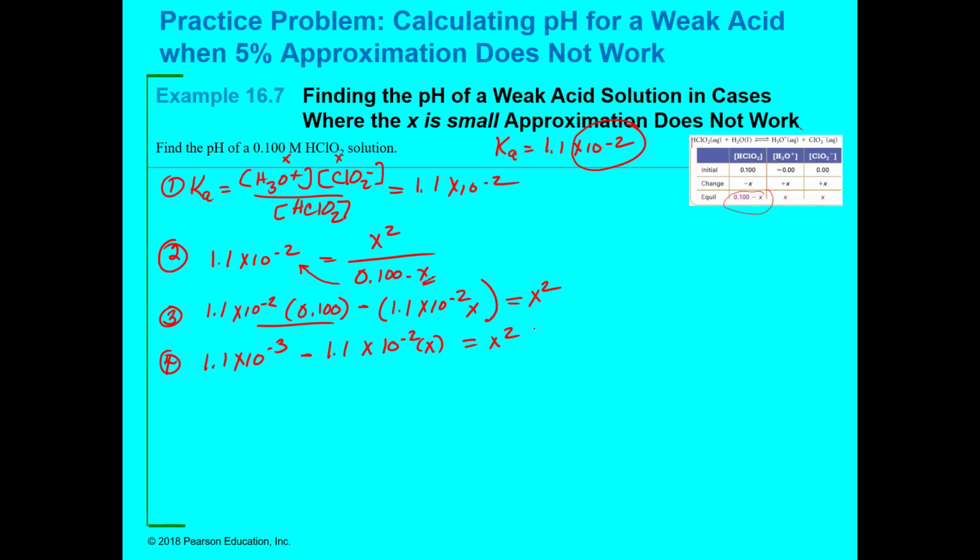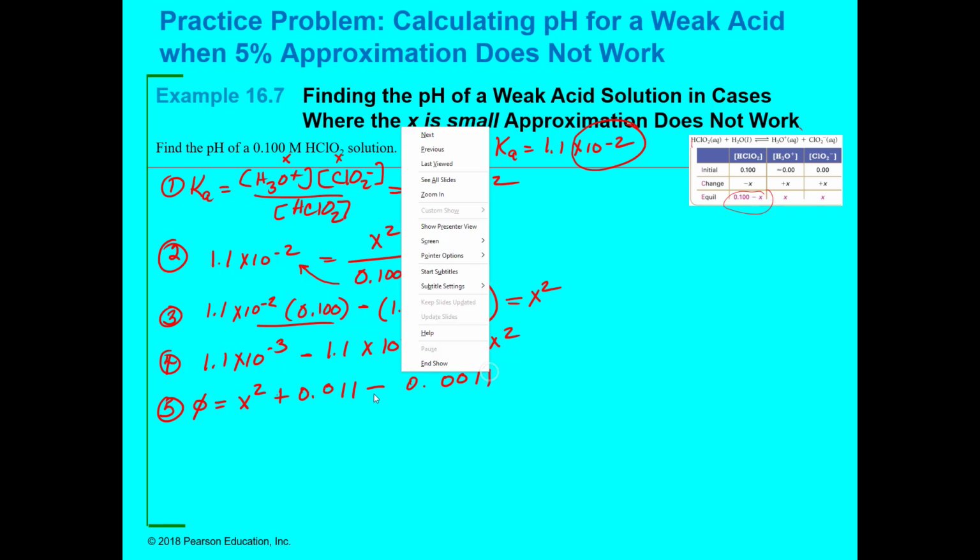All right, so you remember, since I'm going to be doing the quadratic, I'm going to rearrange that so that it's in the form of the quadratic, so of the line. So x squared plus 0.011, minus, is that right? Okay, minus 0.0011. Okay, so that's my x.